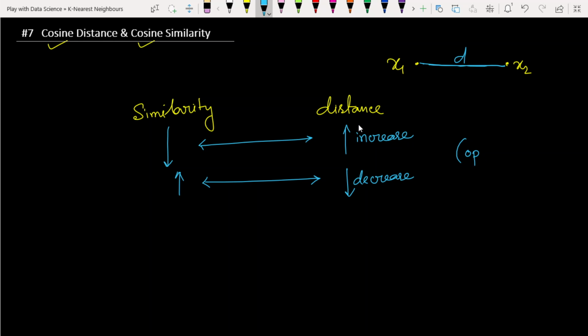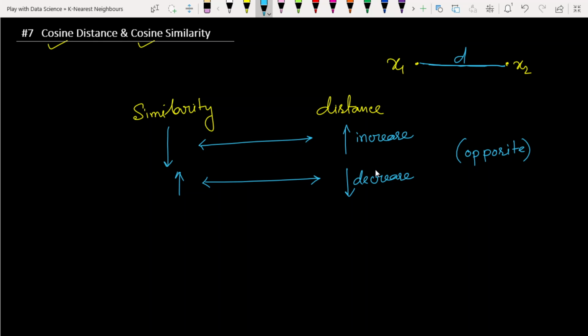Similarity and distance lie in opposite directions. If we increase the distance, then our similarity decreases. If we decrease our distance, then our similarity increases. This is the same thing.